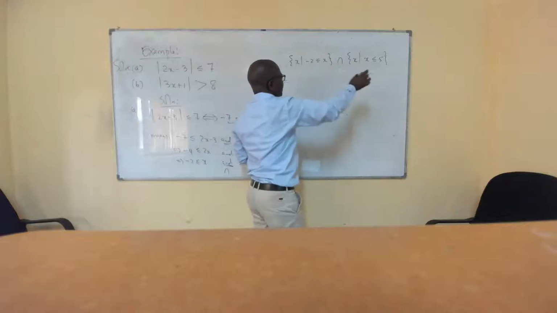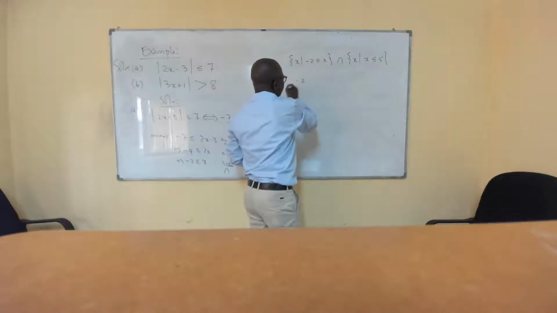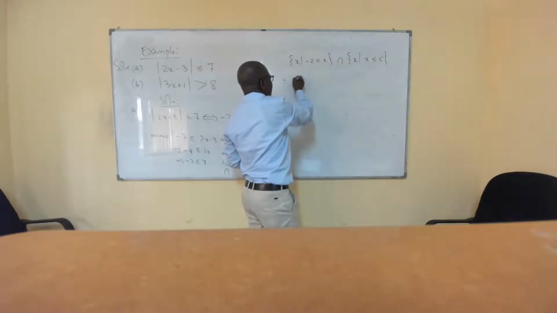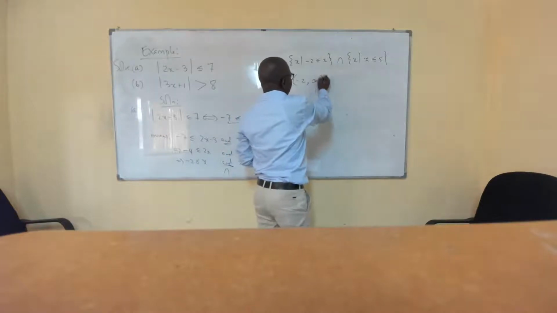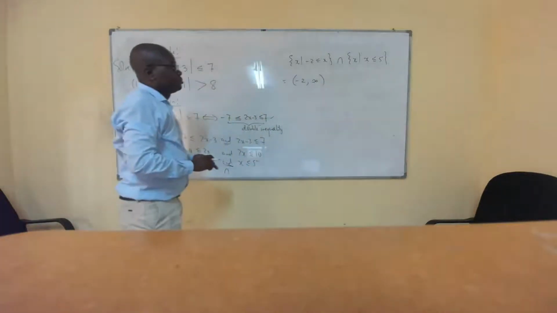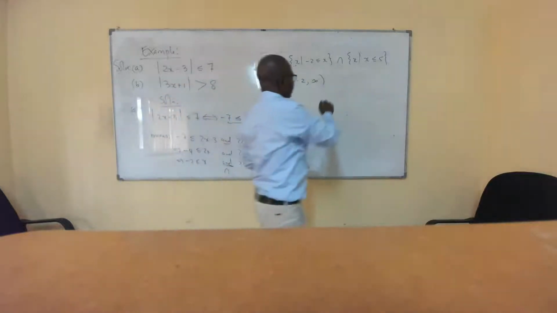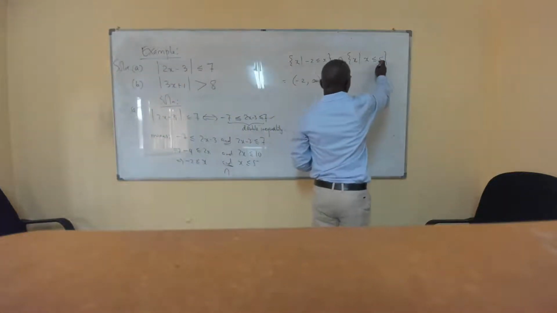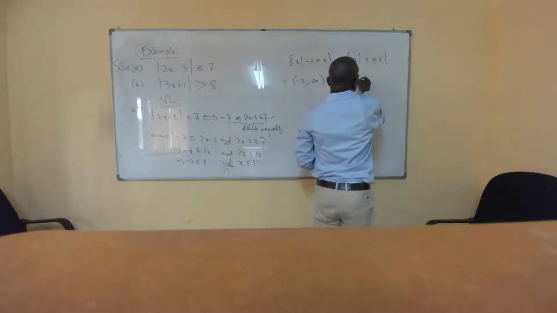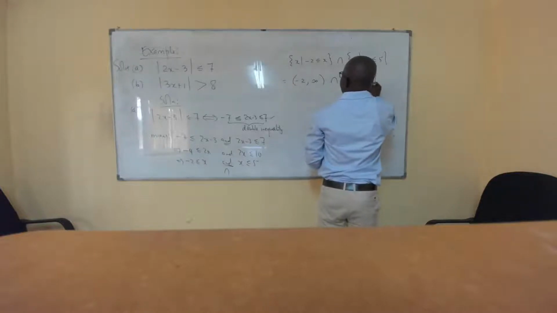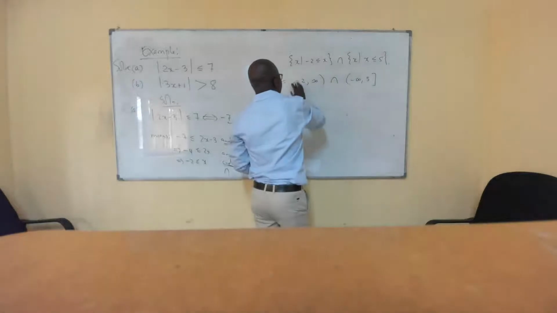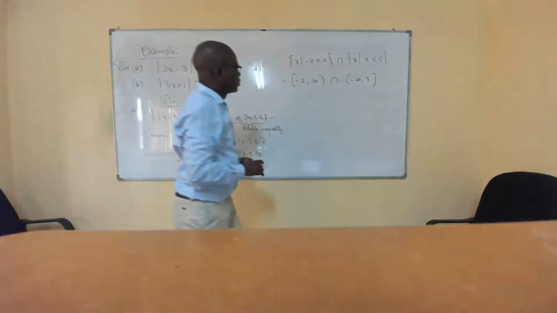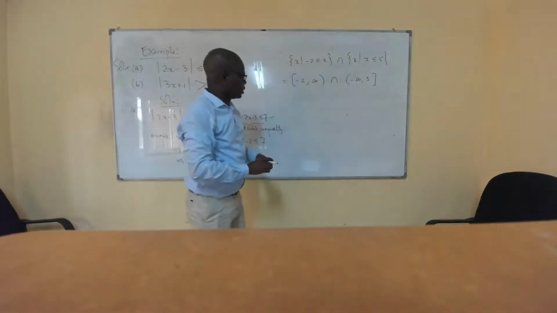So x is to the right, so you have minus 2 and then a comma, going to infinity. Now the intersection: in interval notation, the maximum is 5, so you have minus infinity and 5. Please change the bracket here because the endpoint is included.